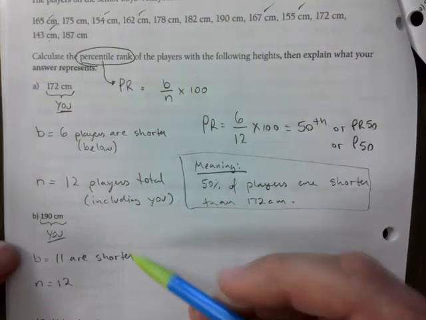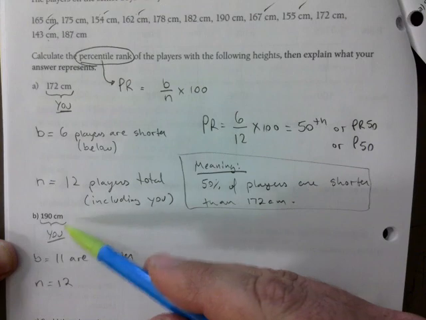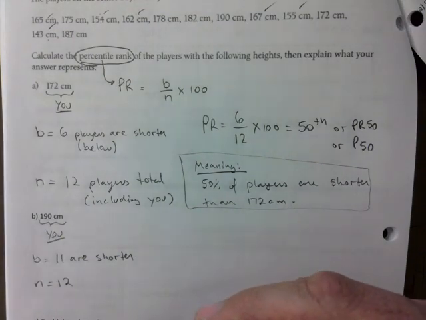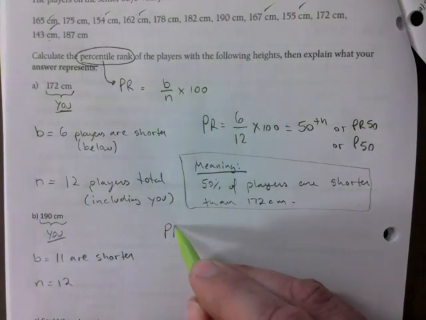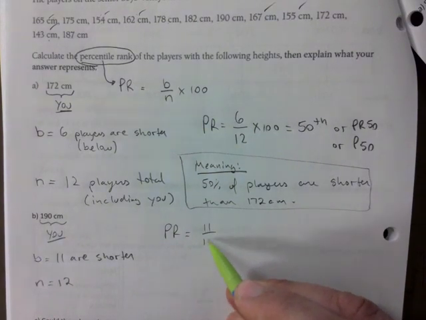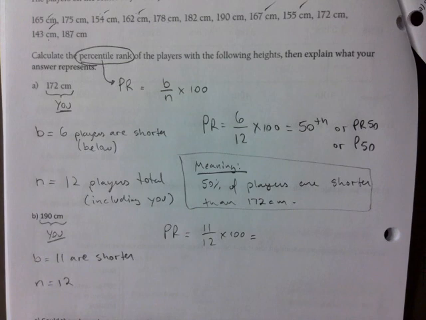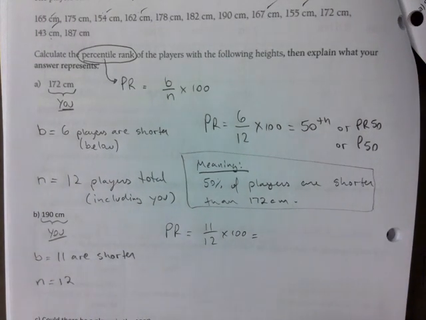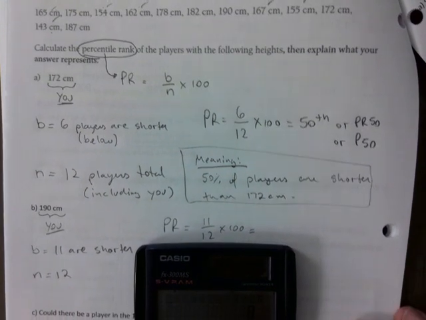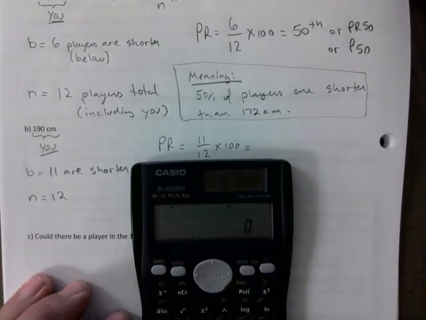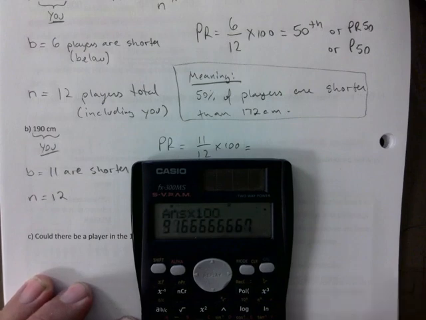Shorter than 190. That's the one we're considering. That's the one that is you maybe in this scenario. PR, 11 over 12 times 100. So here you get a decimal, correct? I strategically picked this number. 11 divided by 12 times 100.